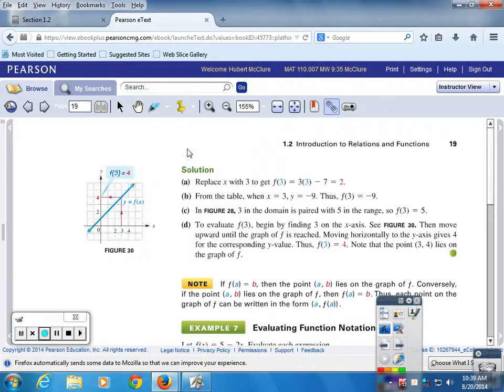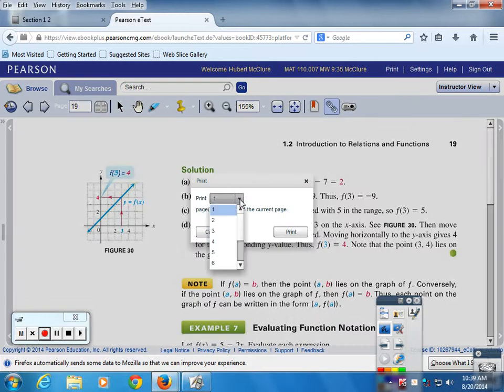Right now I can't find it. Up here in the top right hand corner, print. And you can print up to 7 pages. I think 8 will probably get it because it's 12, 13, 14, 15, 16, 17, 18, 19. 8 pages. So you would type 8 pages and print.